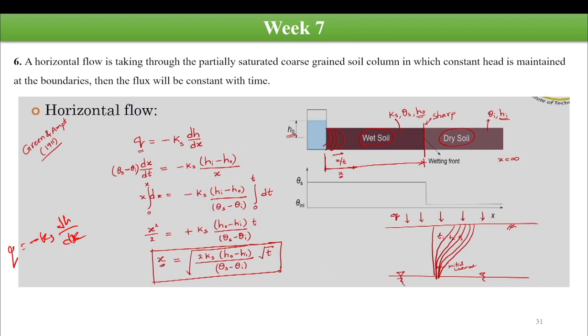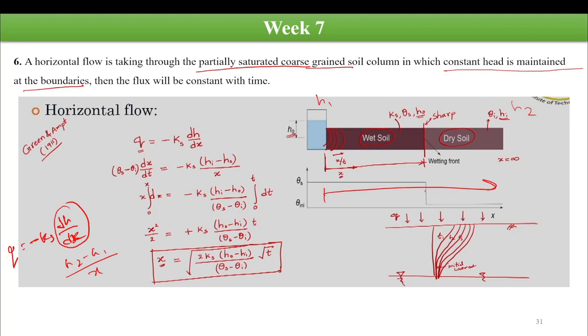Here it is given that the soil is partially saturated, coarse grain, and constant head is maintained at boundaries. So let's say here head is H1, here head is H2. Then dH upon dx is already defined, that is H2 minus H1 upon the distance, let's say L.